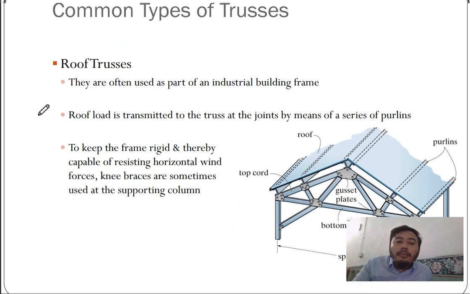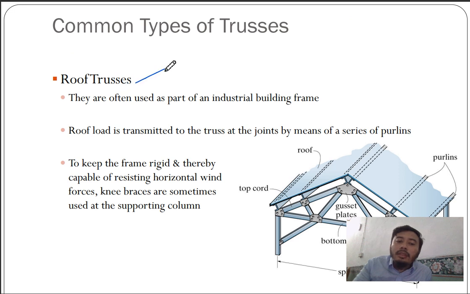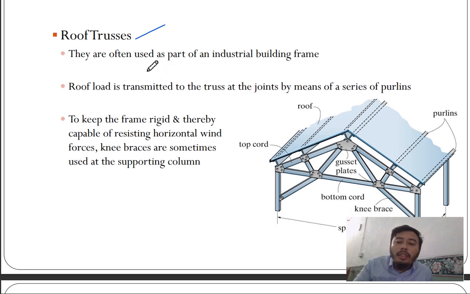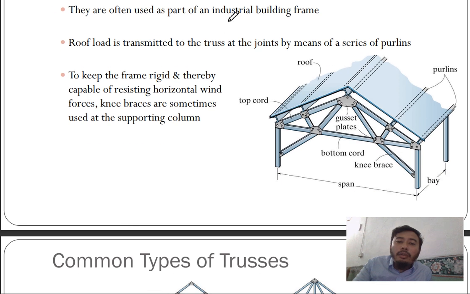So, common types of trusses: roof trusses. This is commonly found in houses, residential areas, and also in industrial buildings. Roof load is transmitted to the trusses at the joints by means of a series of purlins. Purlins are like beam joists, but for roofs they call them purlins.